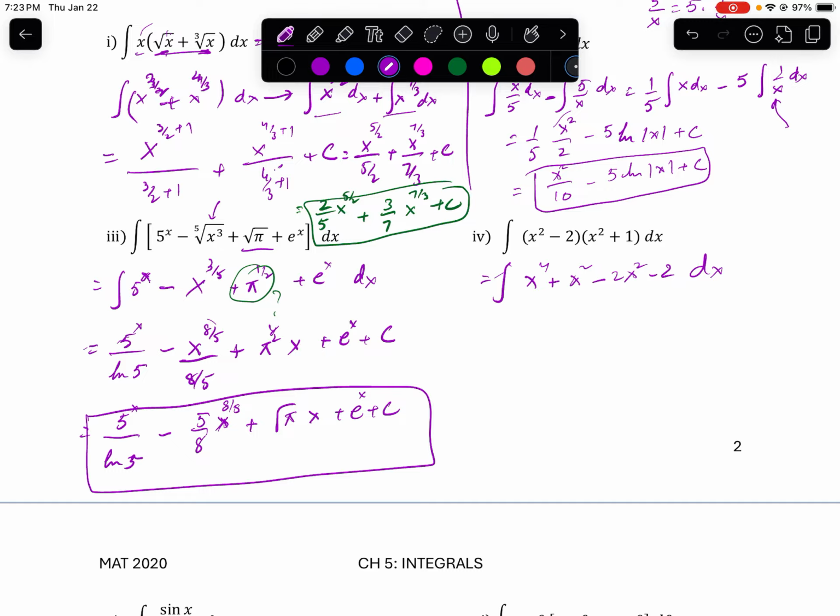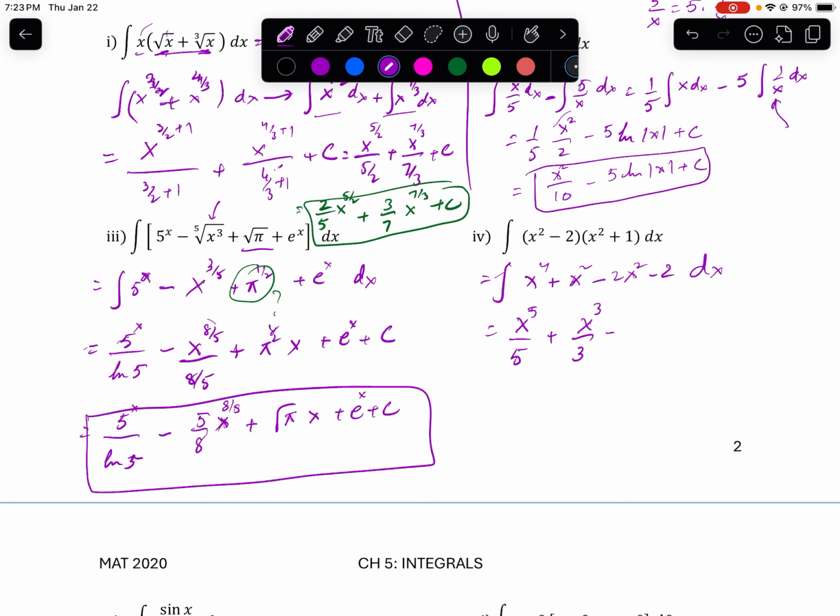So again, I'm not going to write them separately. I can directly do the antiderivative. So x to the 4 will become x to the 5th divided by 5 plus x square will give you x cube over 3.